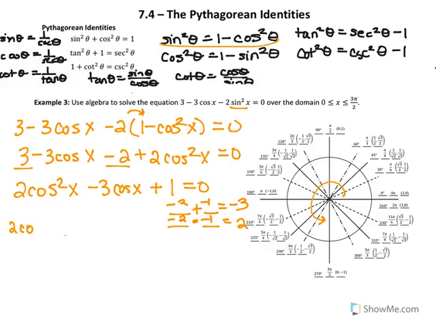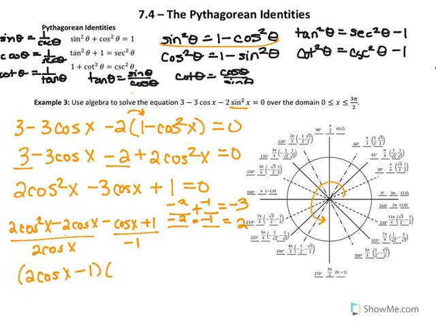So you should have got 2 cos squared x minus 2 cos x minus cos x plus 1. We have a 2 cos x common in the first one and a minus 1, so it factors out to be 2 cos x minus 1 and cos x minus 1.